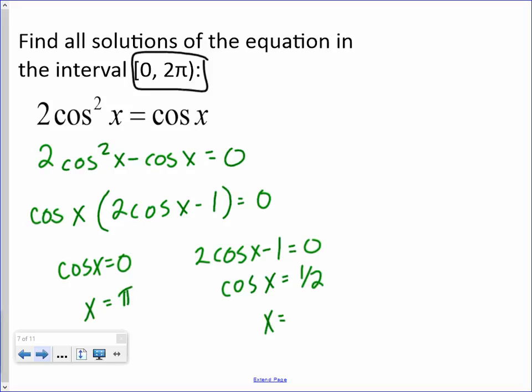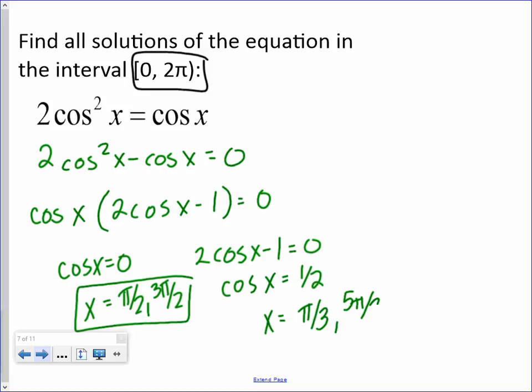Both of those are between 0 and 2 pi, so those are my solutions for the first factor. And on the second factor, I'd have to add 1, divide by 2, so cosine is equal to 1/2. Those angles are pi over 3 and 5 pi over 3.